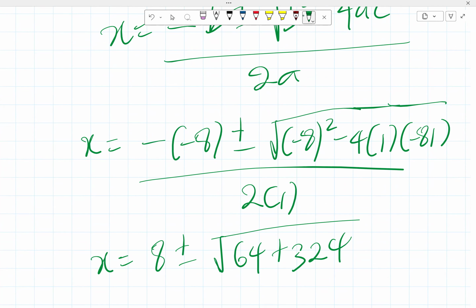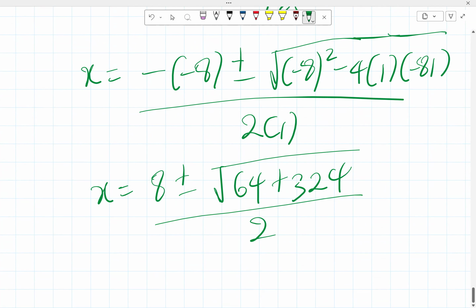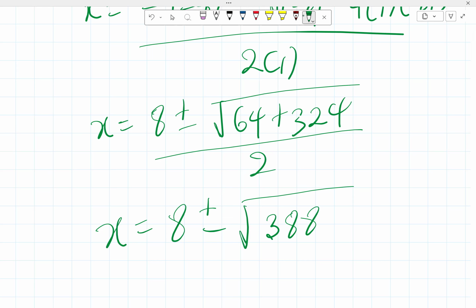Then x equals 8 plus or minus square root of 64 plus 324, that's 388, all over 2.